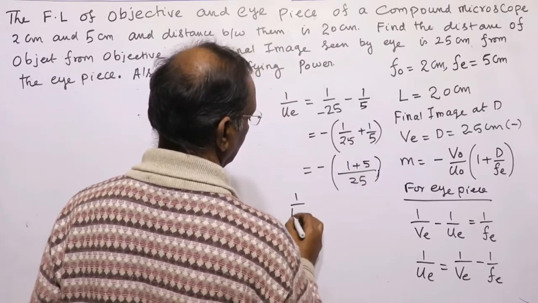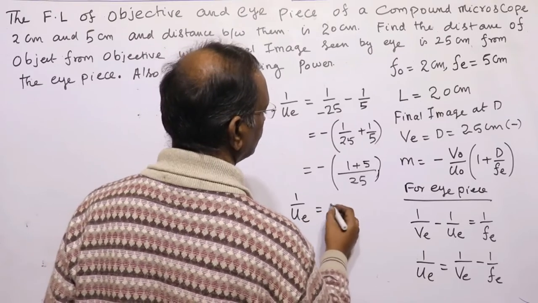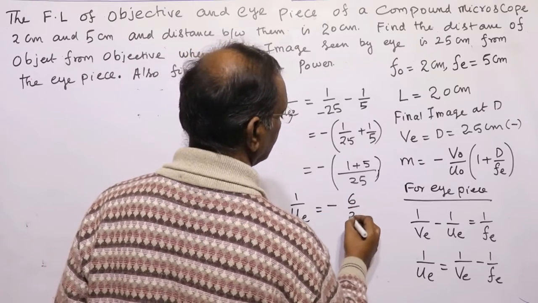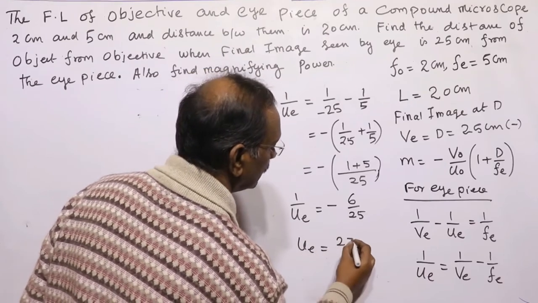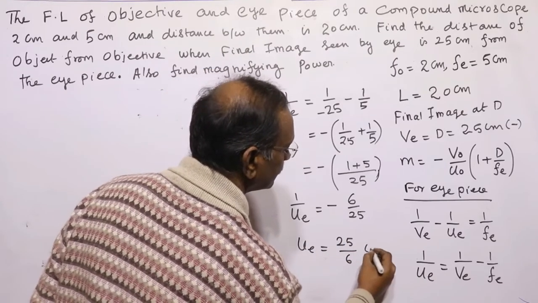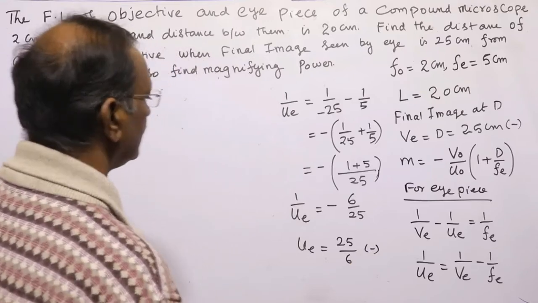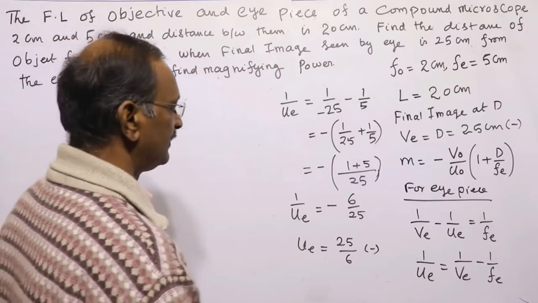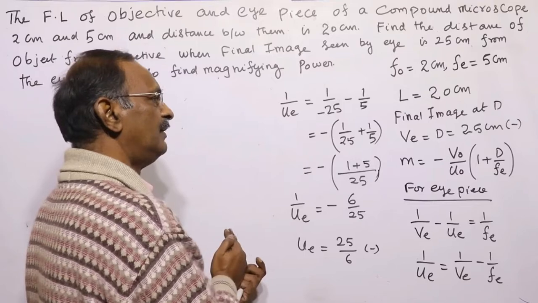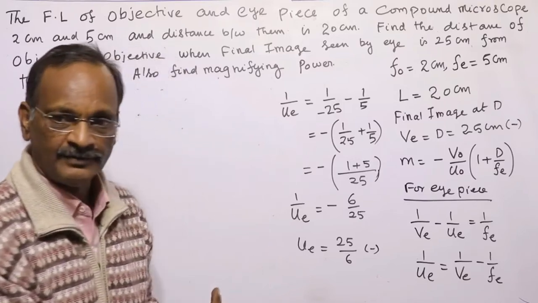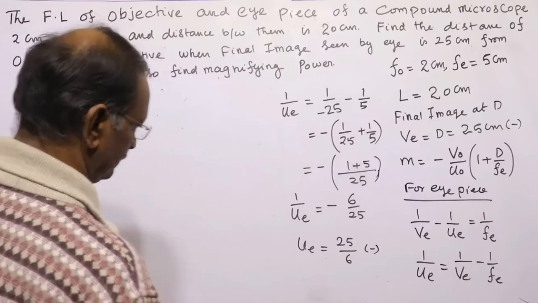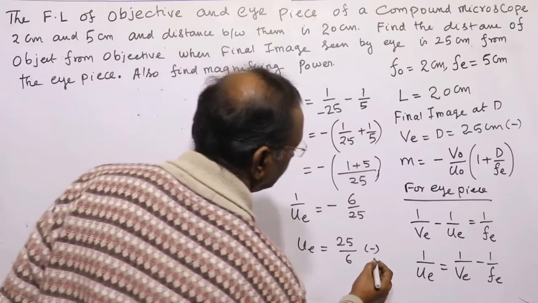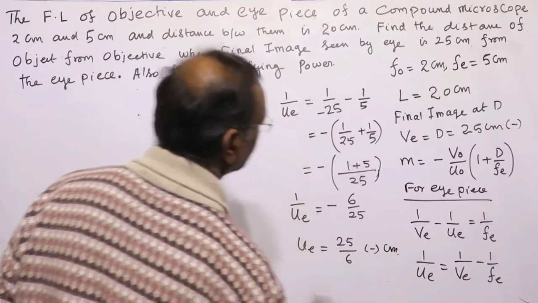Therefore 1 by UE is equal to minus 6 by 25, or UE is equal to minus 25 by 6, because the object for the eyepiece is formed in front of the eyepiece, which is the image formed by the objective. So UE is 25 by 6 centimeter.